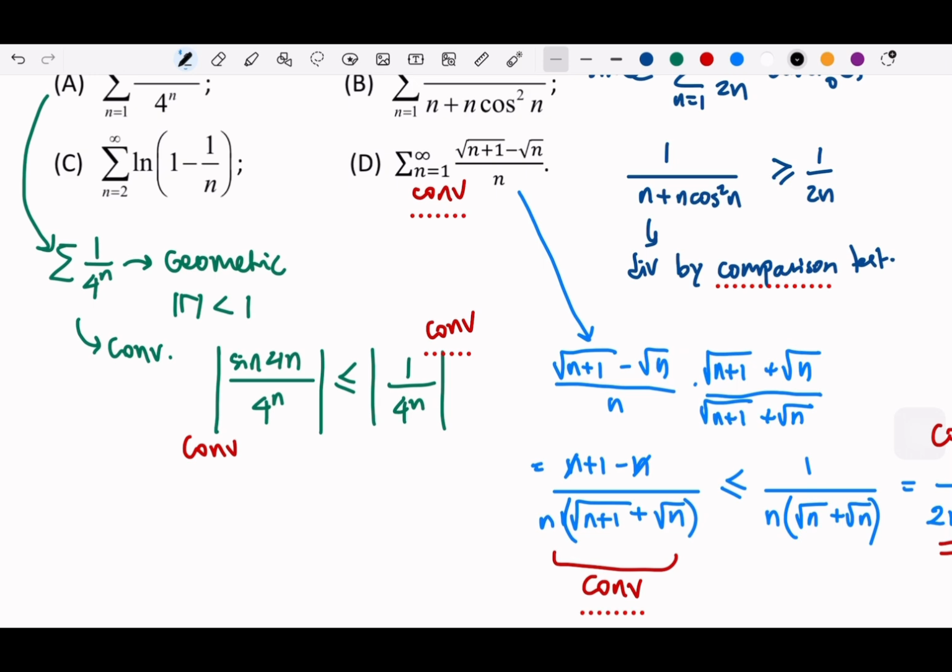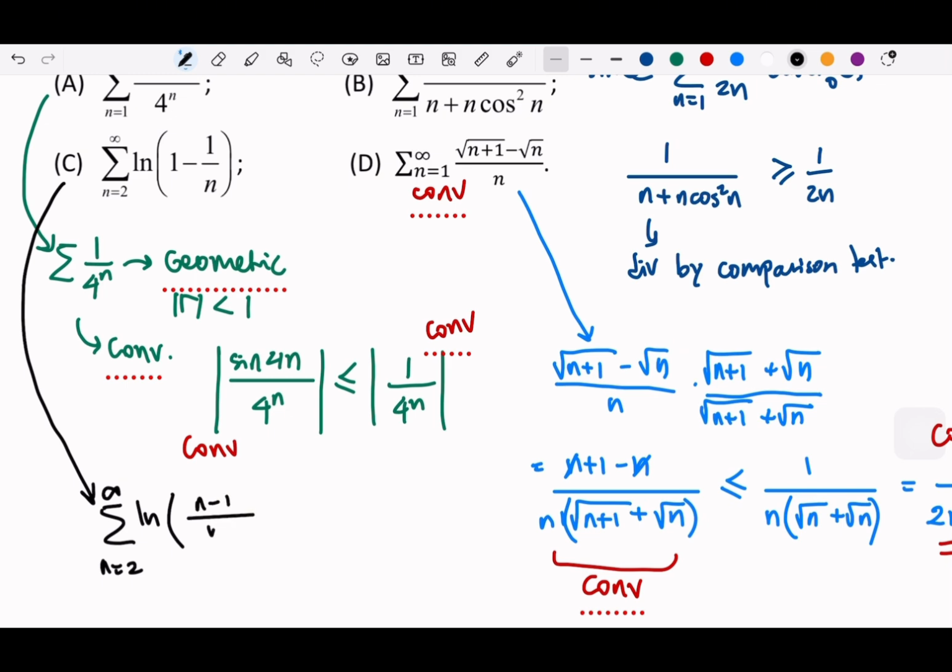Okay, so that one first. The last one, the C, point C. We can rewrite this. Okay, and then we can rewrite again by the property of the ln.